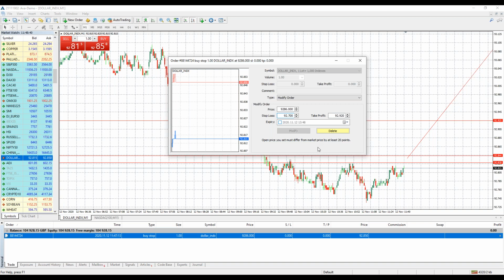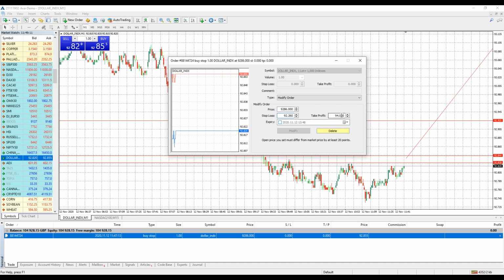It has to be a far enough distance away. Let me take this down a little bit, 92.5. Let's go maybe 93. Let's just get this far enough that we can get it, and then we can slide the stop loss and take profit.